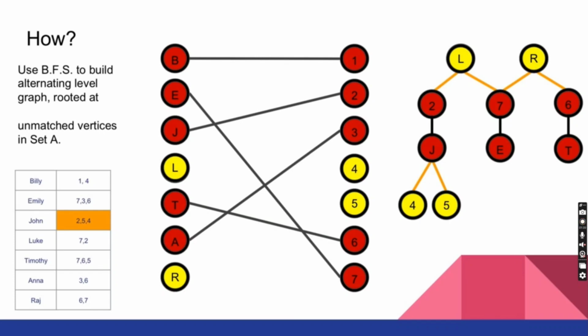We can also see J to 5, J to 4 here, and E to 3, E to 6, T to 7, and T to 5.